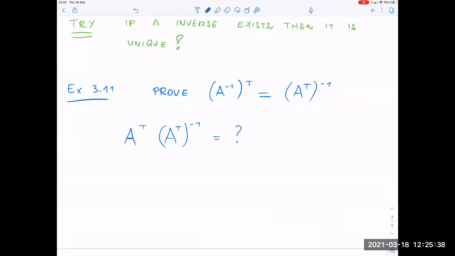This is what you want to compute. And you want to show that this is equal to the identity, right?